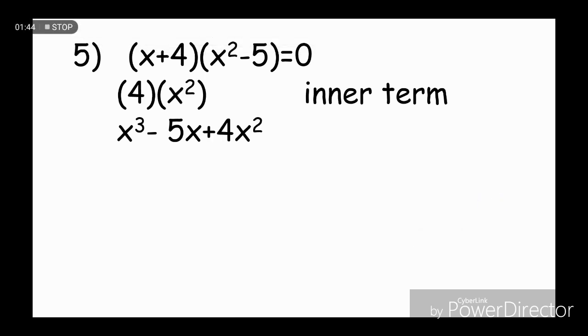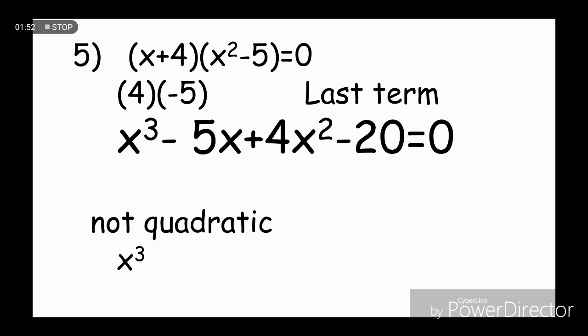The inner term, 4 times x squared, is 4x squared. And the last term, we have 4 times negative 5. The answer is negative 20. And as you can see in this given, we have x cubed. Therefore, it is not a quadratic equation.